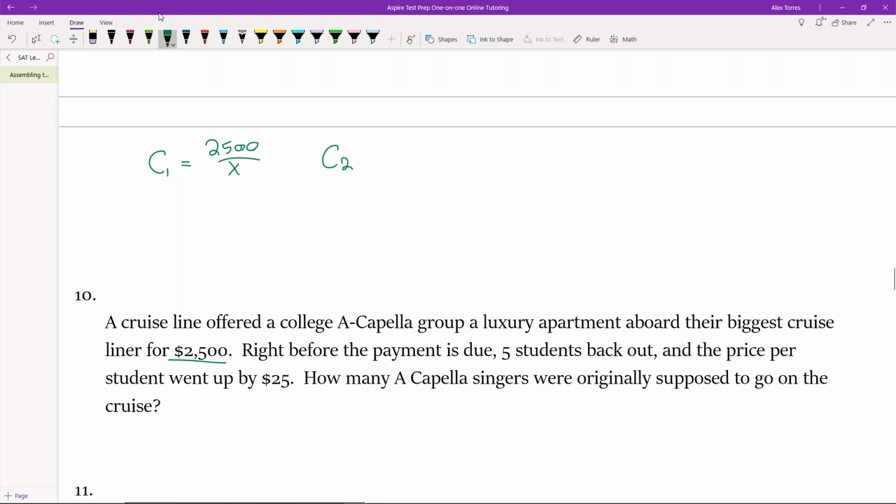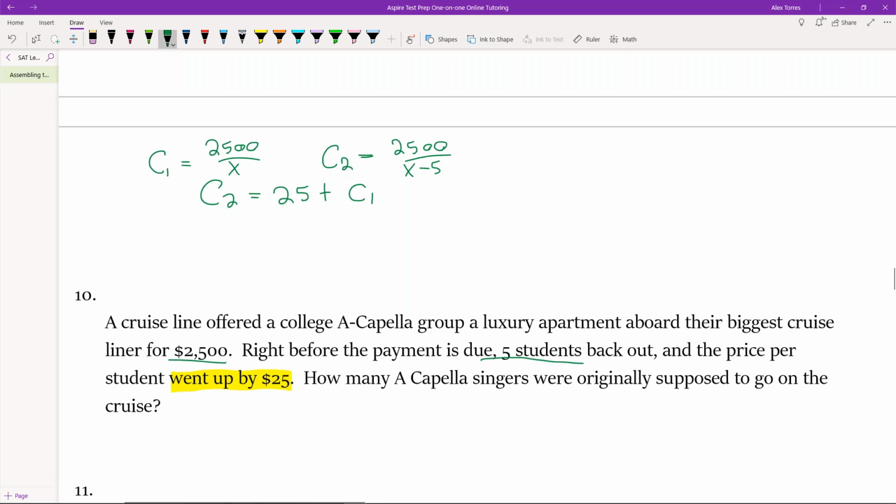Then we have 5 students backing out. So the cost is now 2,500 being divided by 5 less people. The unifying statement is this. The new cost is 25 more than the old cost.